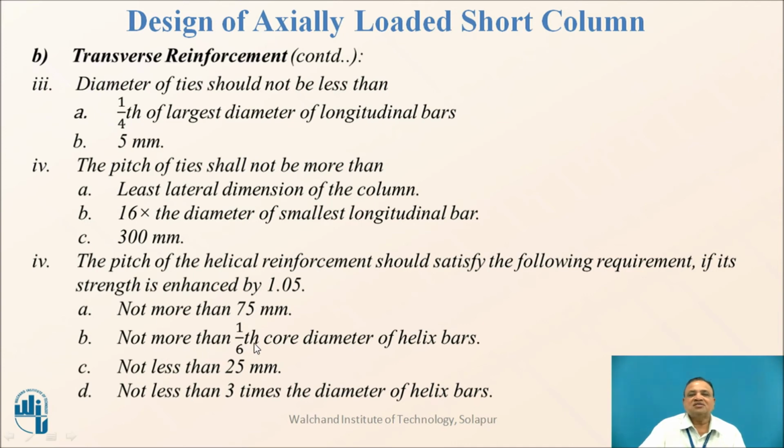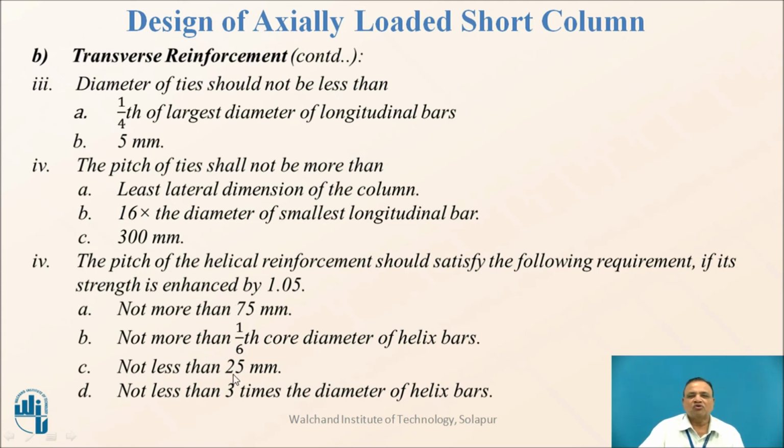Not more than 1/6 of the core diameter of the helix bar, and it should not be less than 25 mm, that is for placing the concrete, and it should not be less than 3 times the diameter of the helix bar. So out of these, we are supposed to see the maximum and minimum, whatever is given.